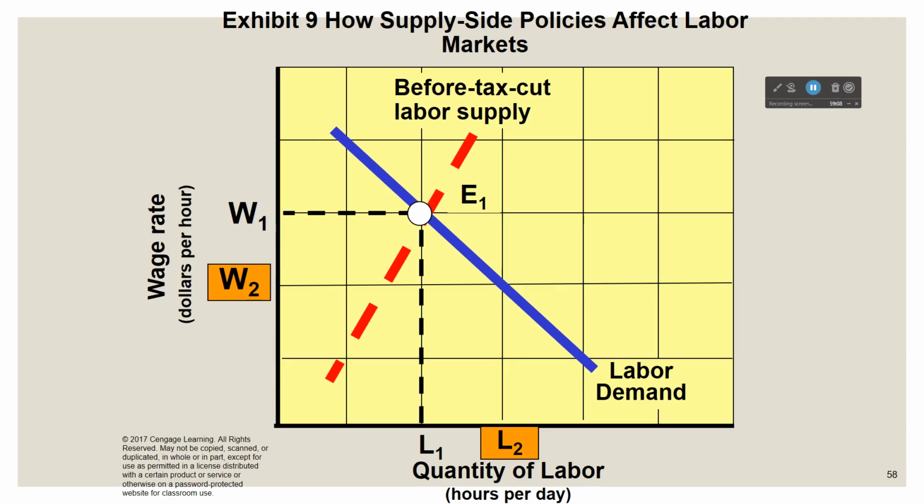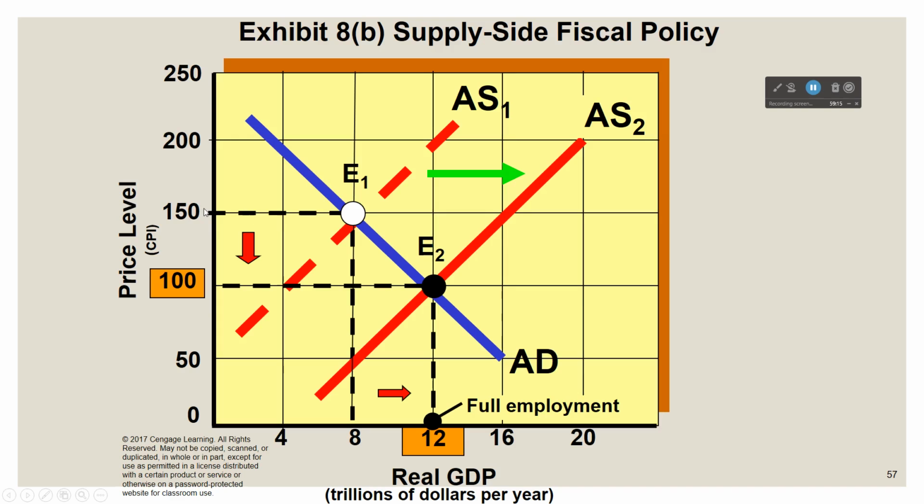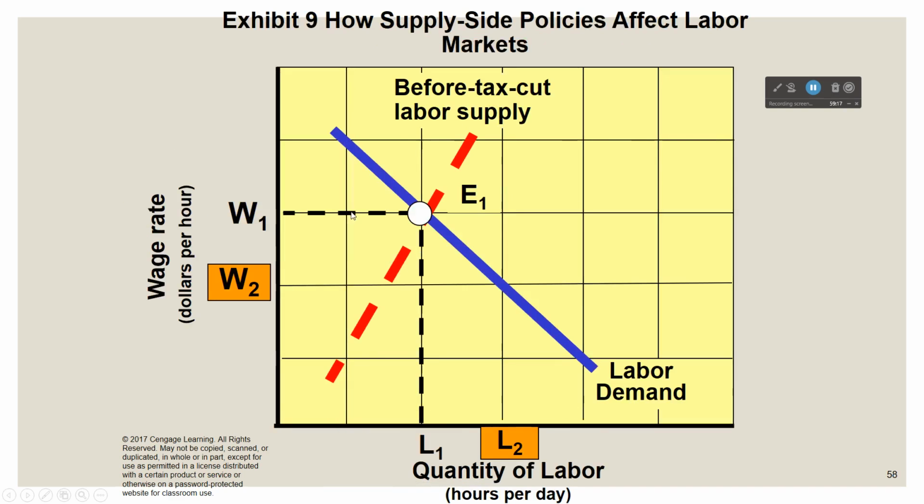So how supply side policies affect labor markets. Here we have that equilibrium, E1. At an equilibrium of E1 before a tax cut, we have labor supply and we have labor demand. Where those two curves cross determines the amount of labor hired in the economy.